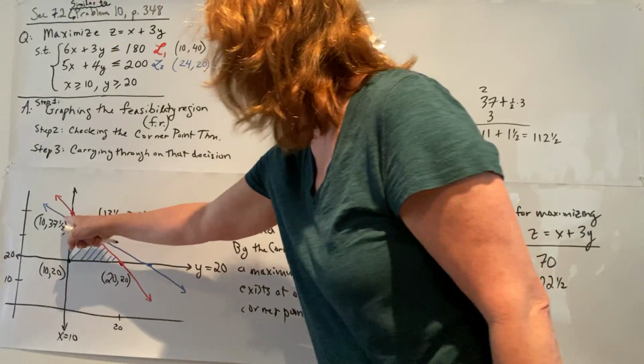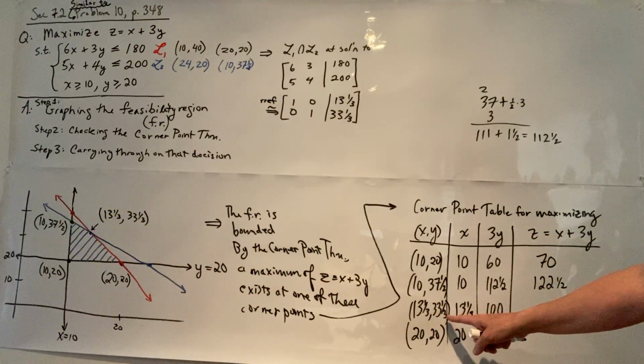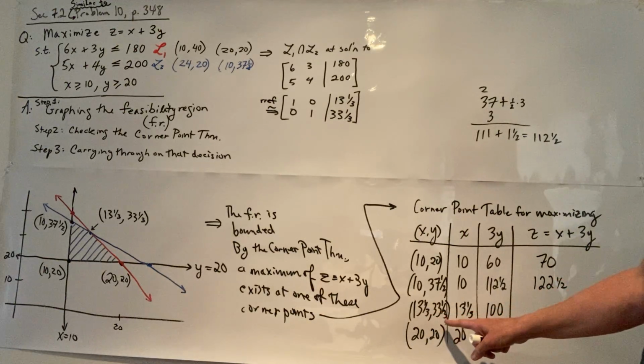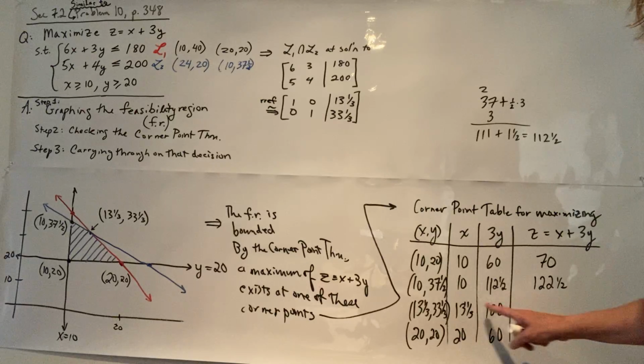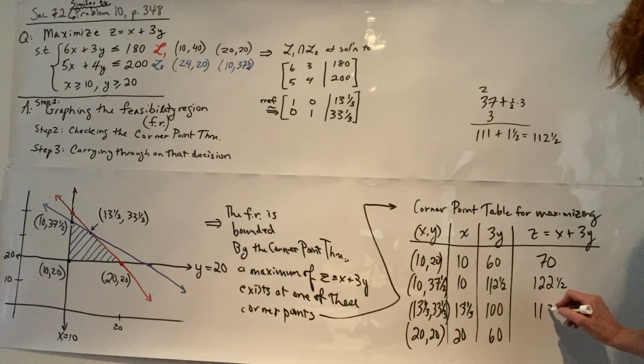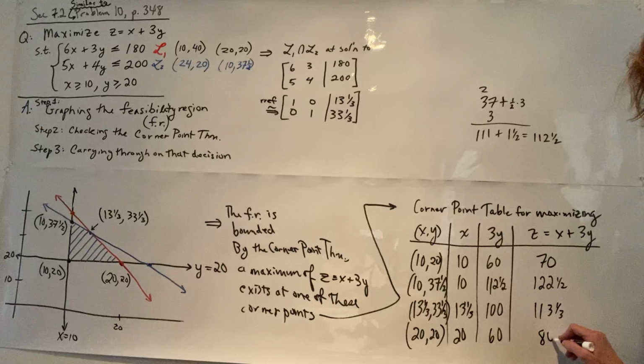That's happening right there. At 13 and a third and 33 and a third, the value will be 113 and a third. And then here, that adds up to 80.